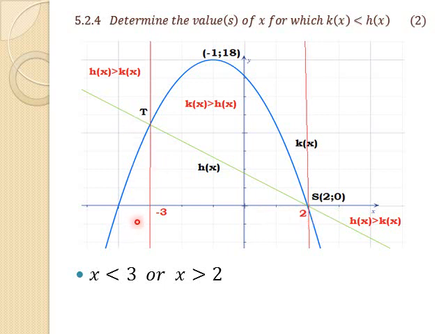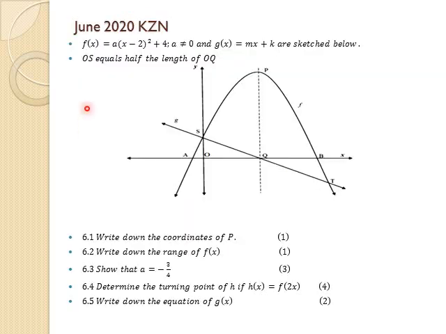So therefore we would say x going to the left, x less than minus 3, or going to the right, x greater than 2. Because there h of x is bigger than k of x. So you'll always have the "or" if it's on the sides, or combined when it's in the middle. Right, so that concludes that exam question.